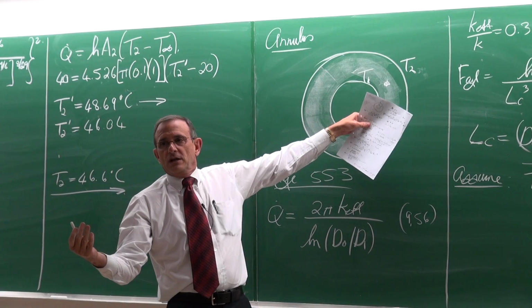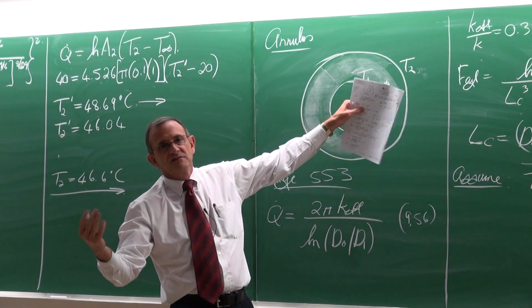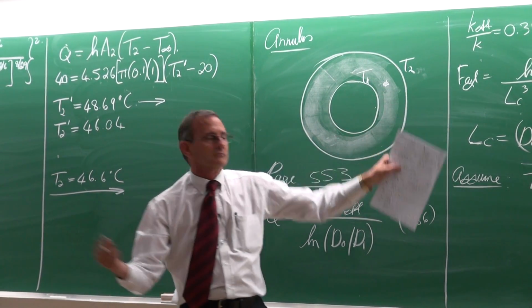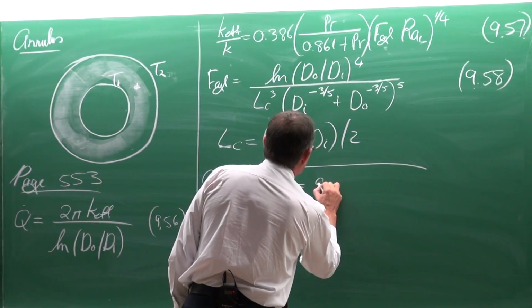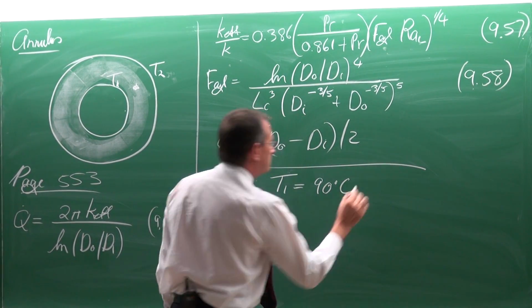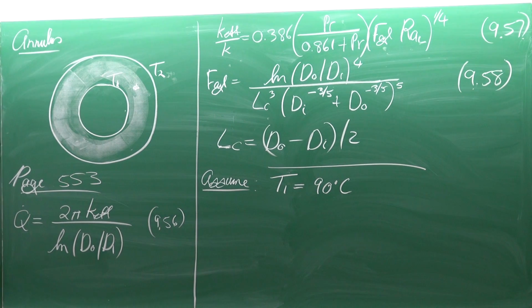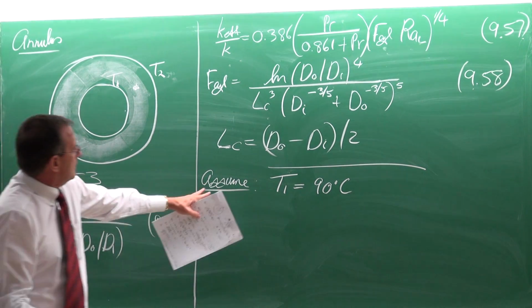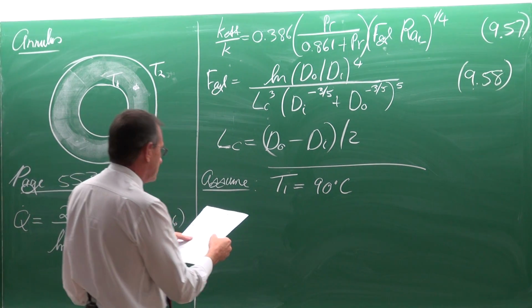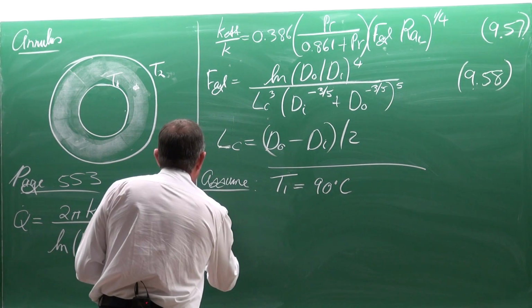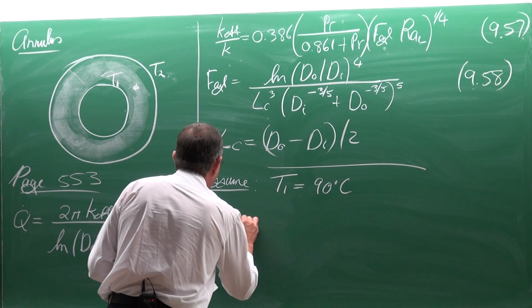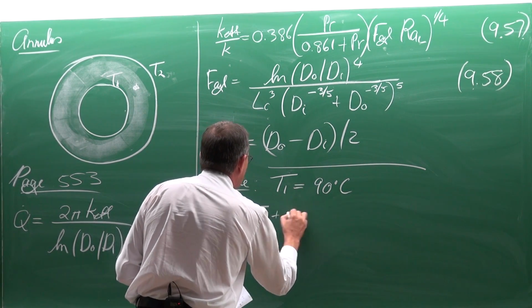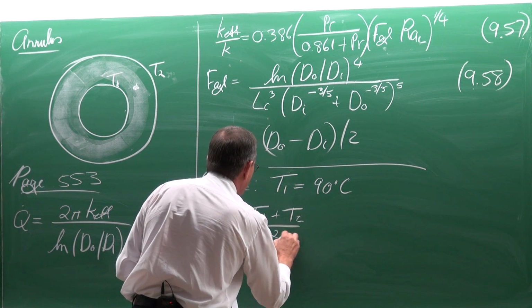So what would you select here for the inside? I've selected 90. Do you think it is too high or too low? Okay, well, let's see. If we assume a temperature of 90, then let's calculate the film temperature, T1 plus T2 divided by 2.